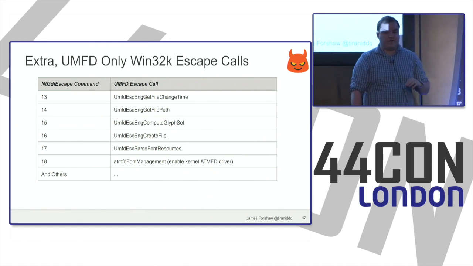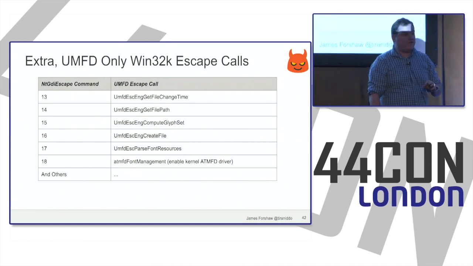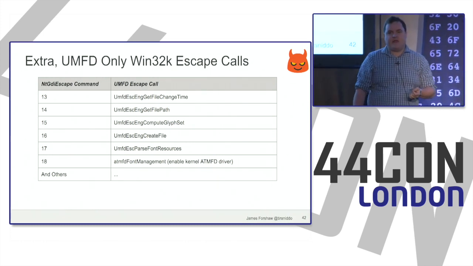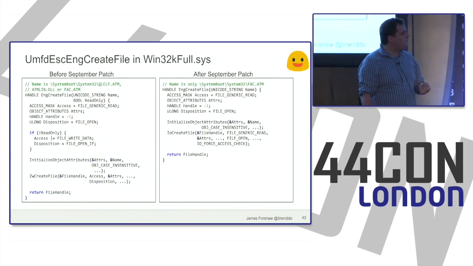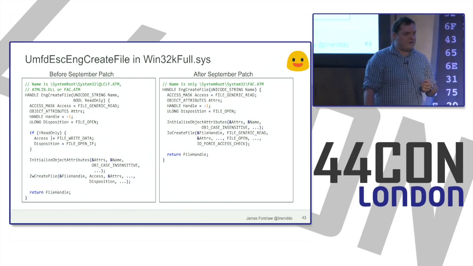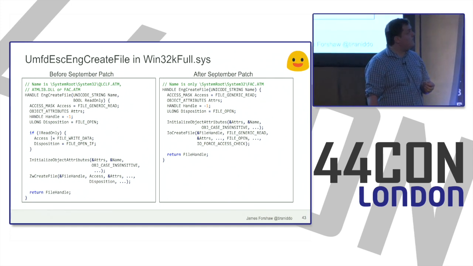And there were various different user mode font driver specific Win32k escape calls. One particularly caught my eye, just because it has the name create file. And yeah, before the September patch, basically, it was an arbitrary file exploit.